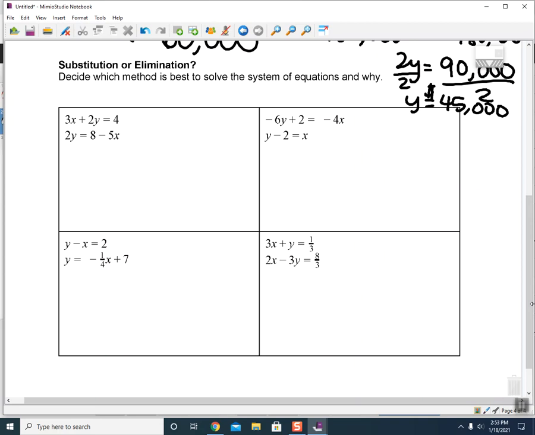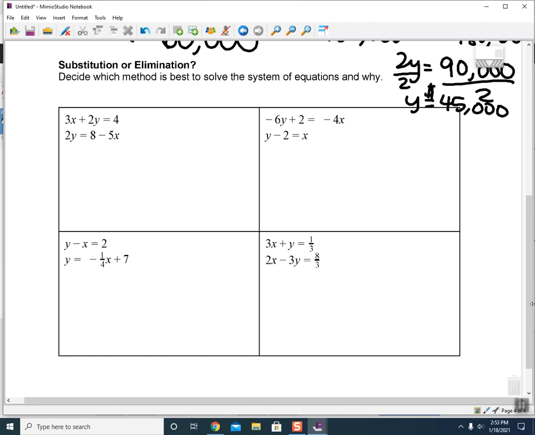Here's the thing with it though. I love elimination, but it's not always going to be our best option. So we have to use some critical thinking skills to figure out which option is going to be the best in our scenario. If I look at these, my first one, I have 3x plus 2y equals 4, and 2y equals 8 minus 5x.